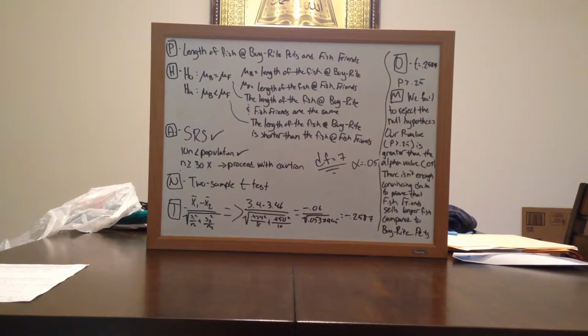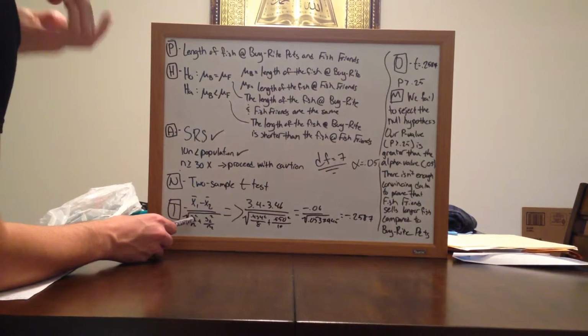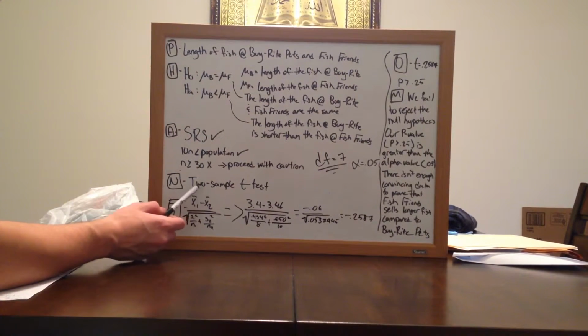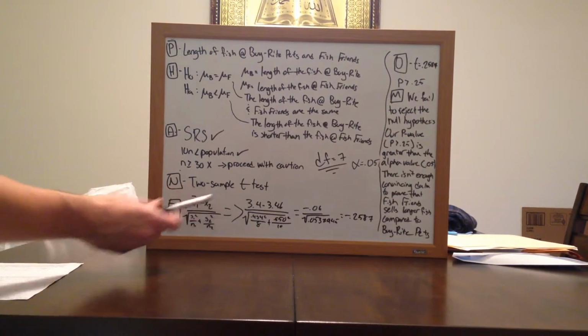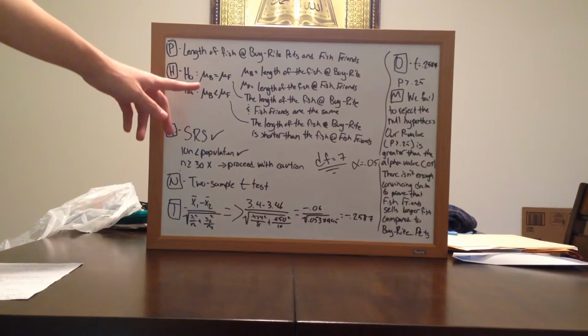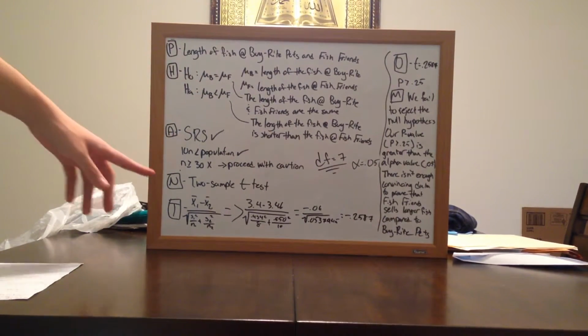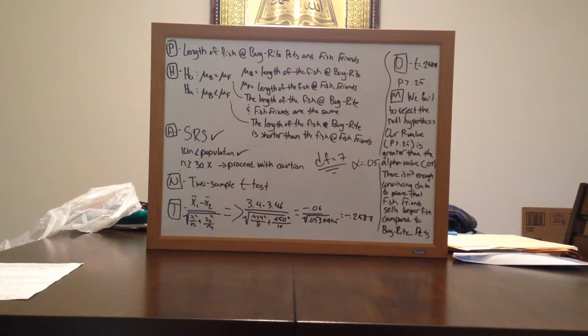The first sample is from x1 and s1, and the second is from x2 and s2, as you can see up here. You can switch these around, it just doesn't matter, you'll get the same answer. But we'll continue with this, where x1 is our mean length from Buy Right, and x2 is our mean length from Fish Friends.